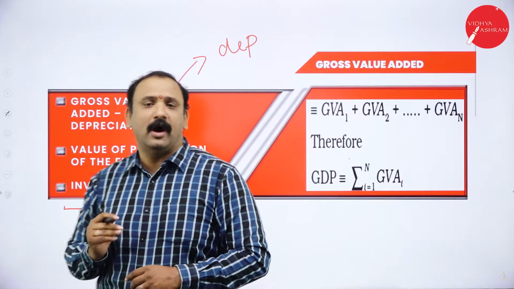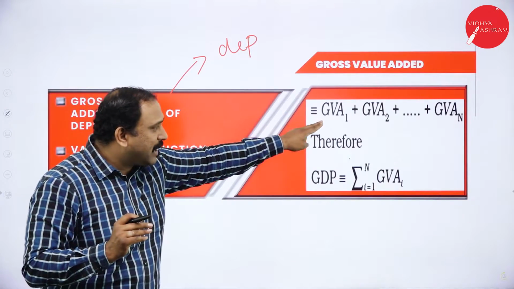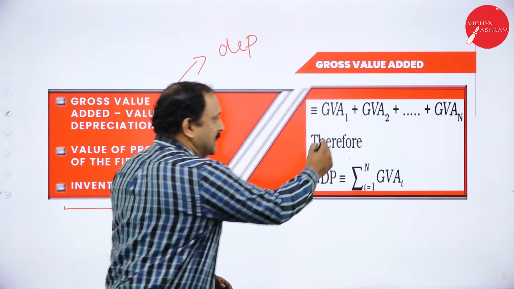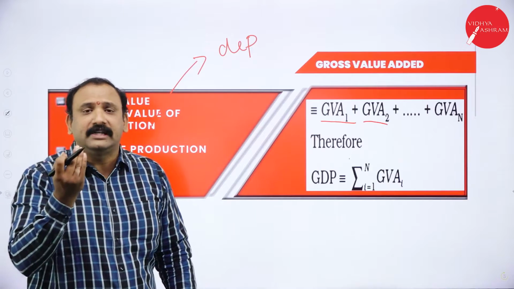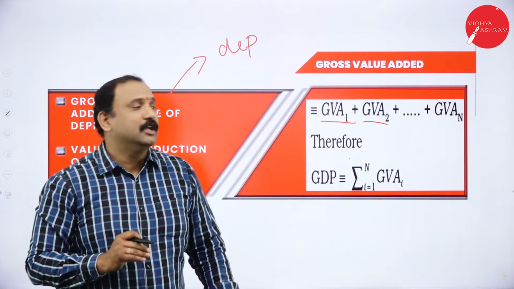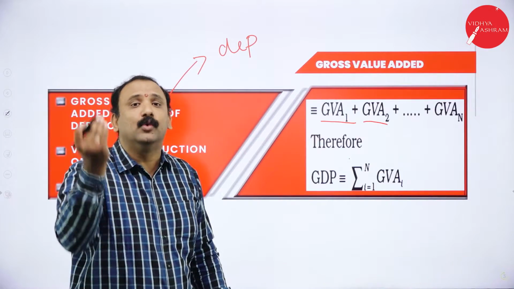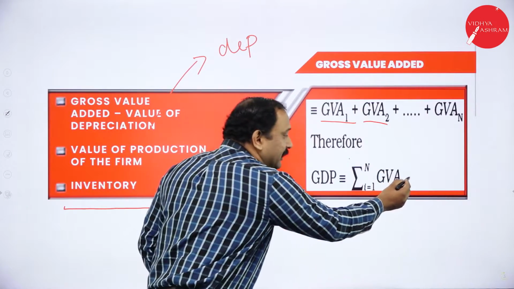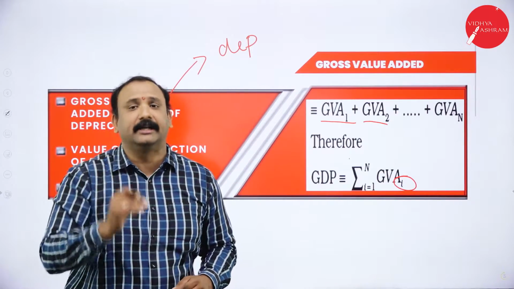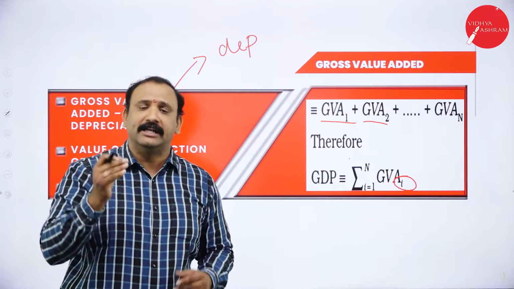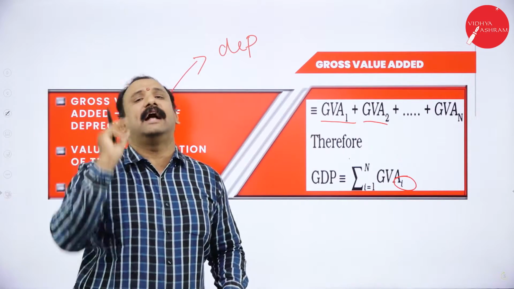Now, if you try to understand the calculation, you will see here gross value added 1 plus 2, like this we go till n number of values. So what is the final value? GDP is equal to gross value added at a particular time value, which means to say that over a period of time, say for 1 year, say for 2 years, say for 10 years, whatever we are going to calculate, we are going to take a time period and calculate.